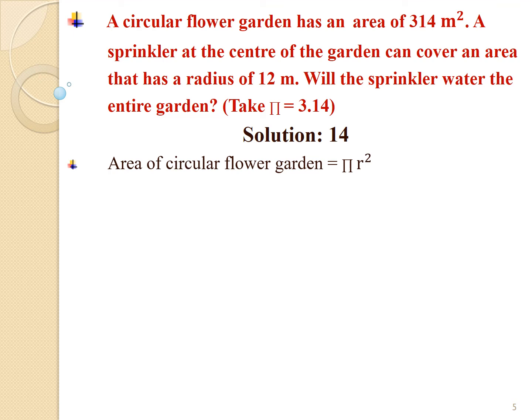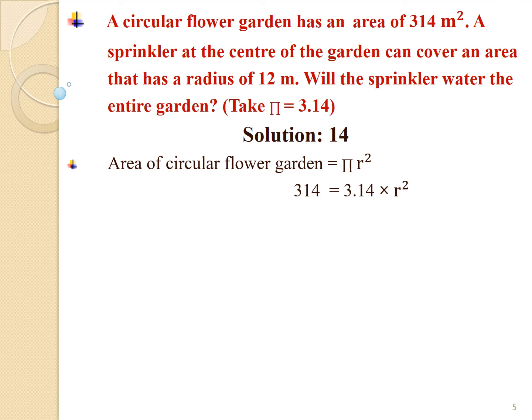Therefore, 314 equals 3.14 into r square. Students, now we have to transpose decimal number 3.14 from RHS to LHS by changing its sign from multiplication to division.